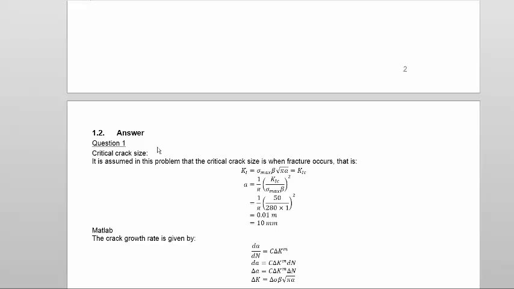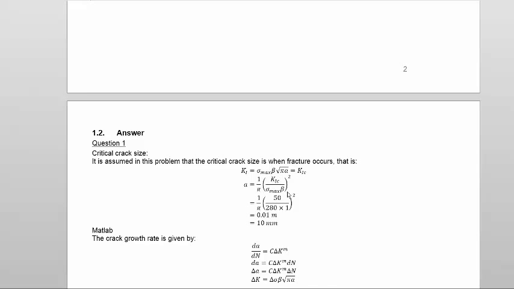The way we calculate the critical crack size, because remember we need to know up to what size the crack may propagate, is to calculate the stress intensity factor K1, which is equal to the nominal stress times the beta value, the crack geometric stress concentration factor, times the square root of pi A, and remember the actual crack size is 2A. Then we say this is equal to K1C, the plane strain fracture toughness of the material.